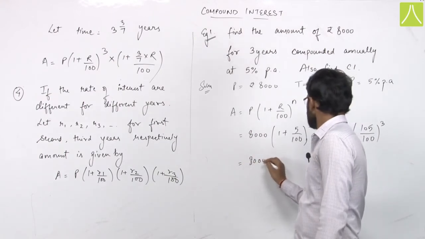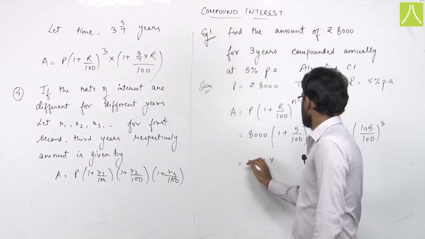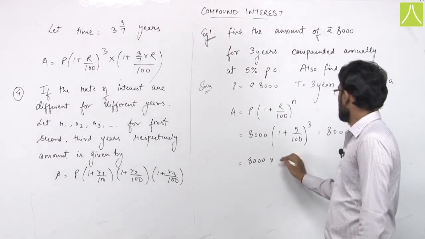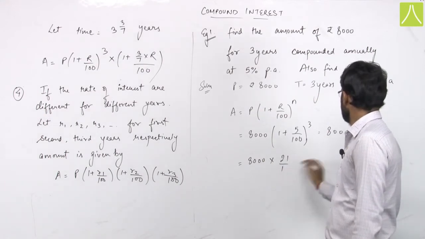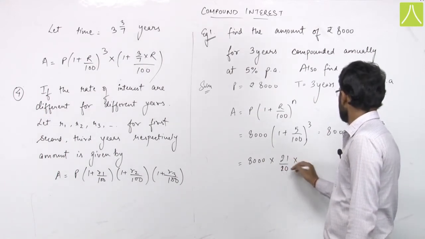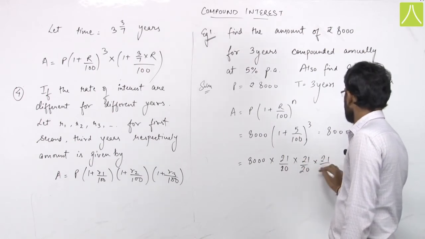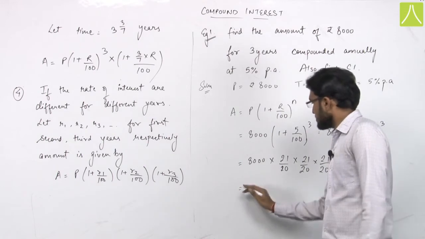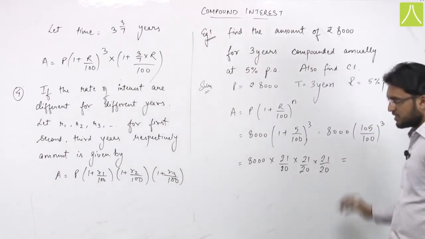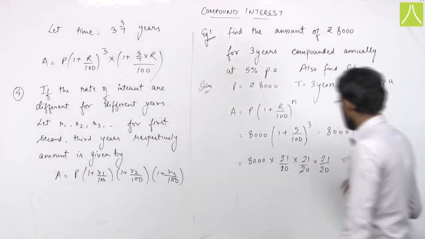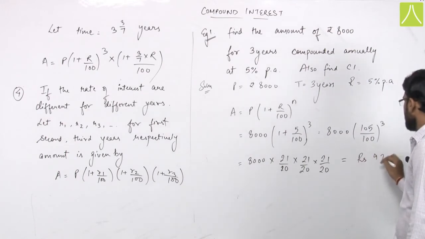This is going to be equal to 8,000 into 21 upon 20 into 21 upon 20 into 21 upon 20. Solving this, we calculate the amount, that is, amount is equal to rupees 9261.